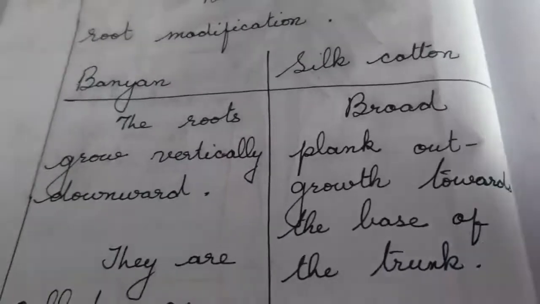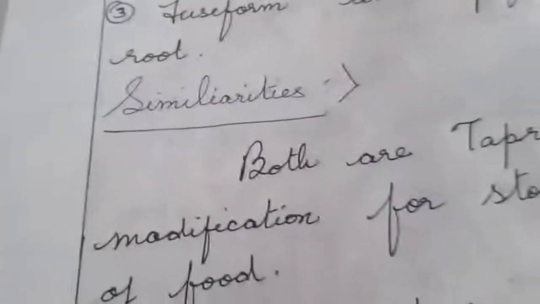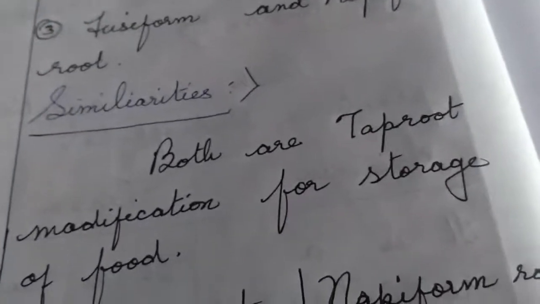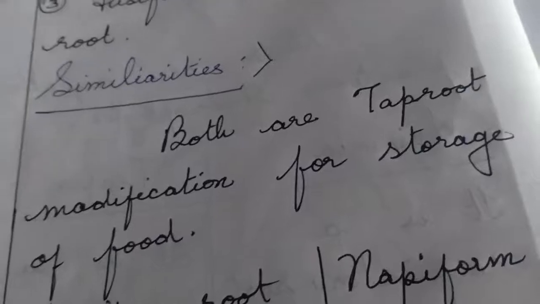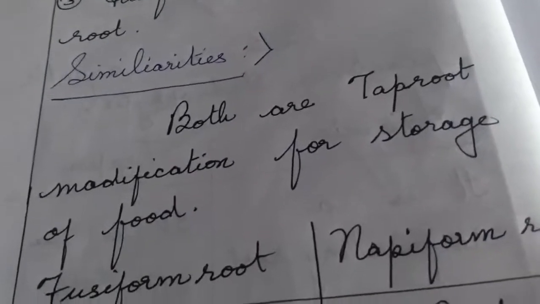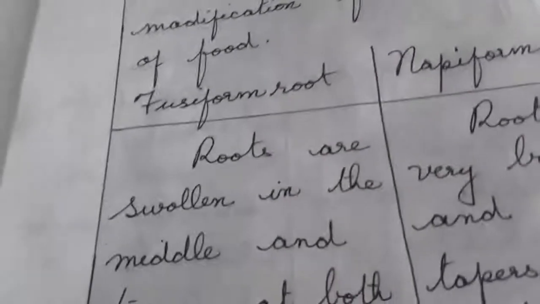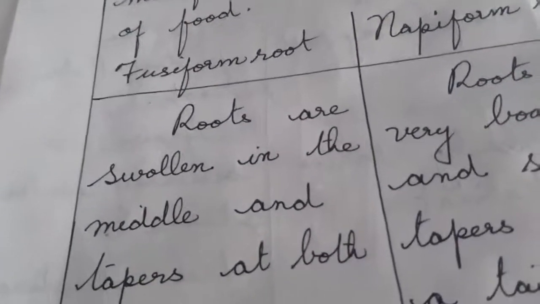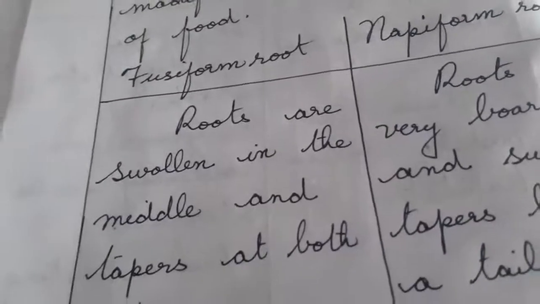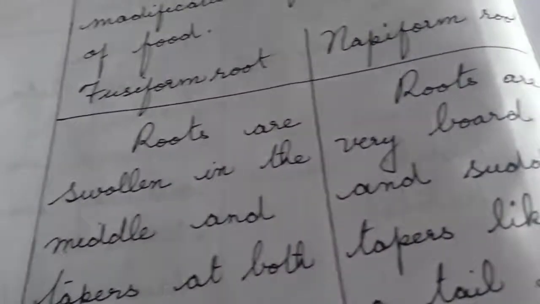Now let's move to the 3rd sub question in the 7th question. Similarities and difference between fusiform and napiform. Similarity: both are taproot modifications for storage of food. For storing the food, they undergo modification. In fusiform, the root is swollen in the middle part and slightly tapers at both ends.